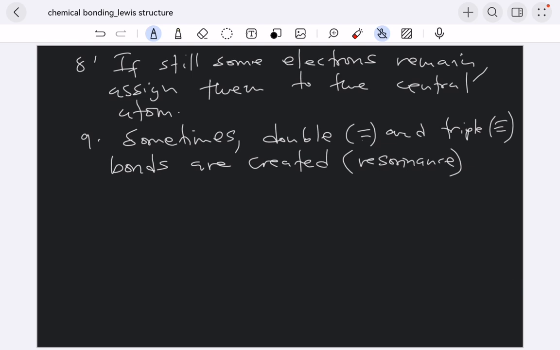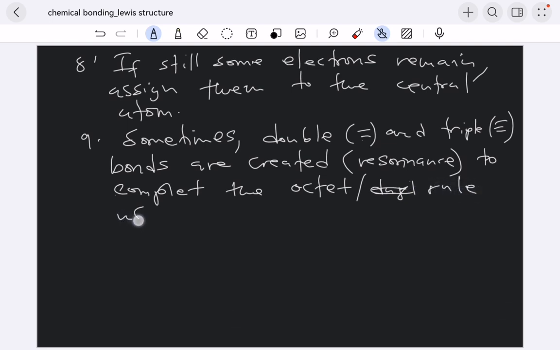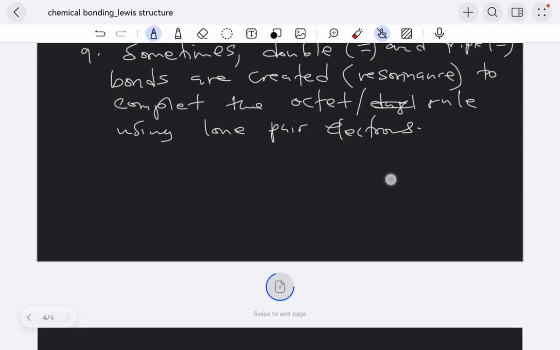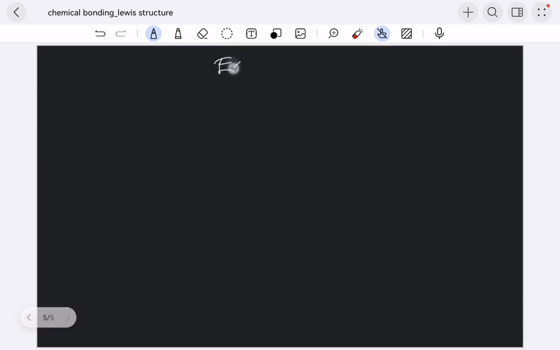They are created to complete the octet, using lone pair electrons. Let's quickly look at the examples and we apply these rules.